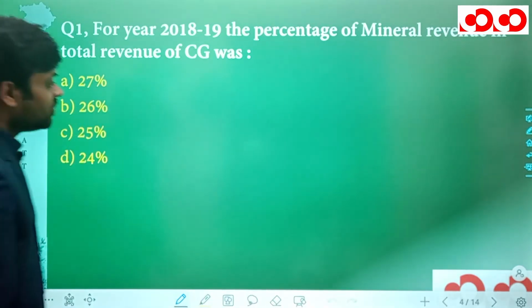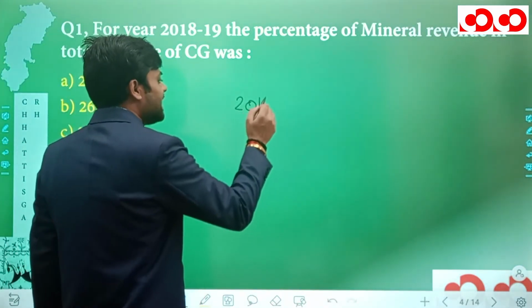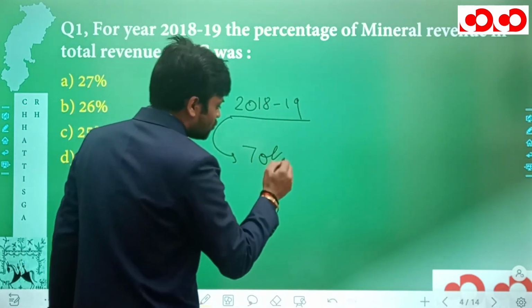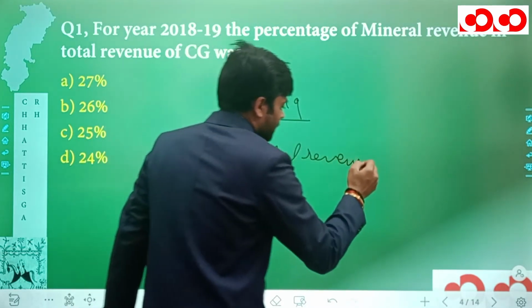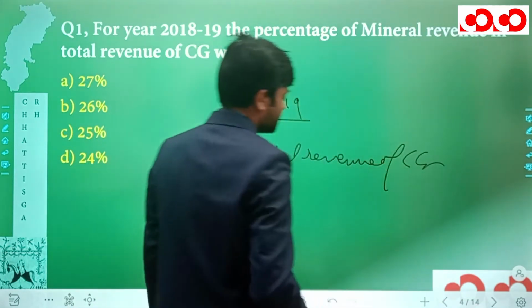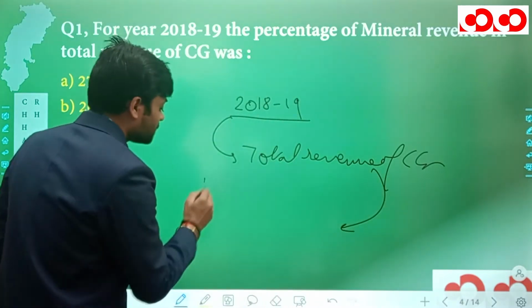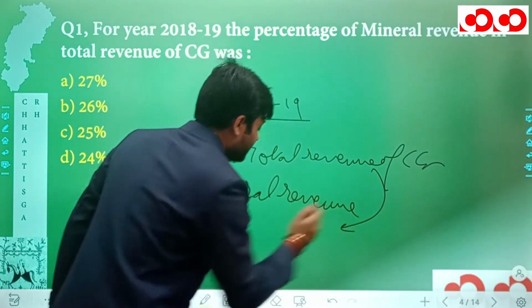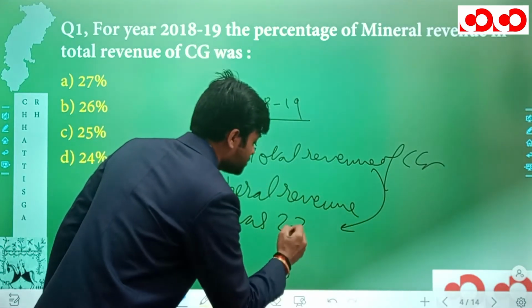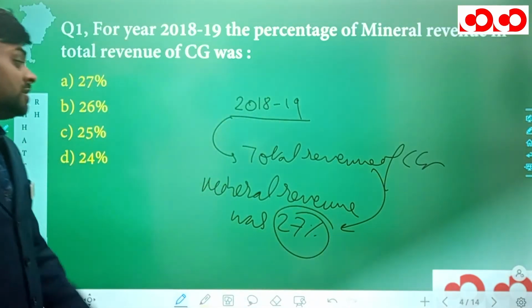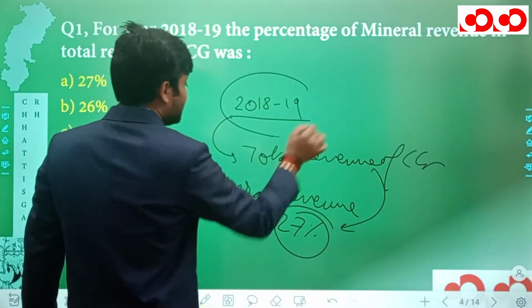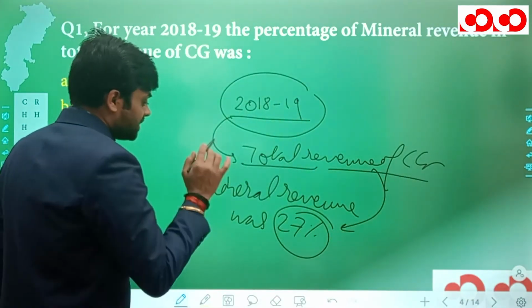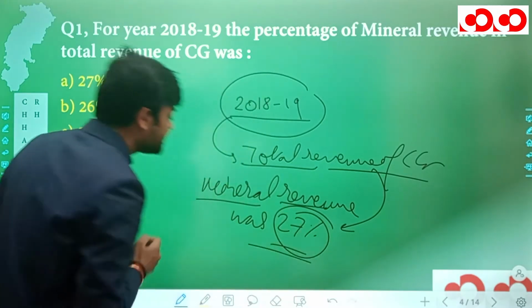So let me tell you, for the fiscal 2018-19, out of the total revenue of Chhattisgarh, the share of mineral revenue was 27%.